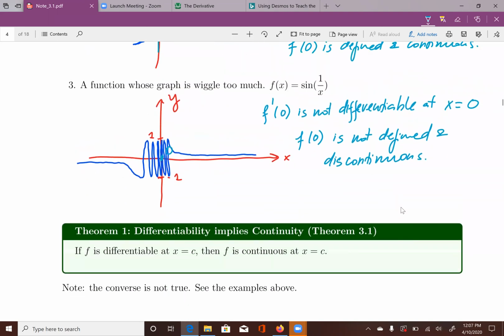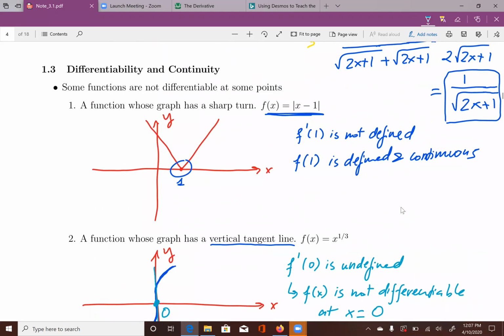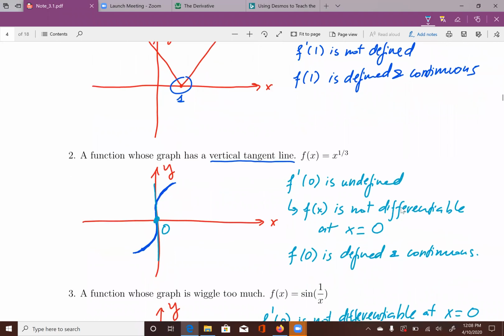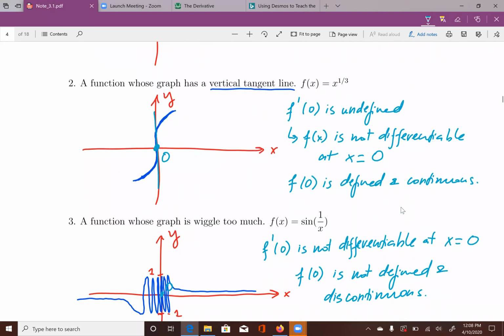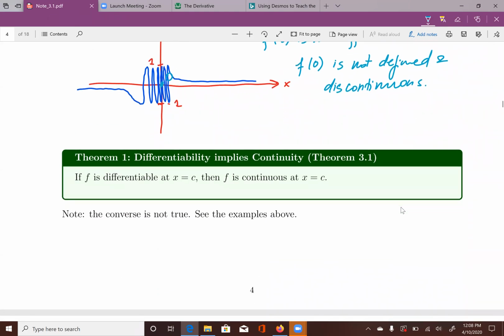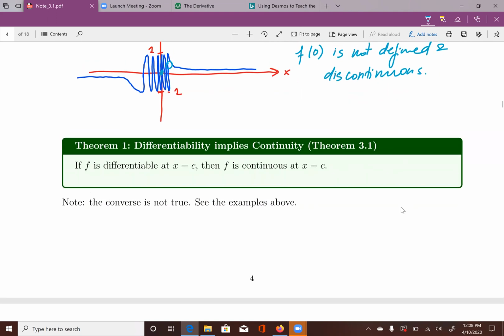All right, okay. So here are the three special examples when a function is not differentiable at some special point. When you have a sharp turn, when you have a vertical tangent line, or when your graph is wiggling too much around that point. And we can come up with a theorem. This theorem says differentiability implies continuity.